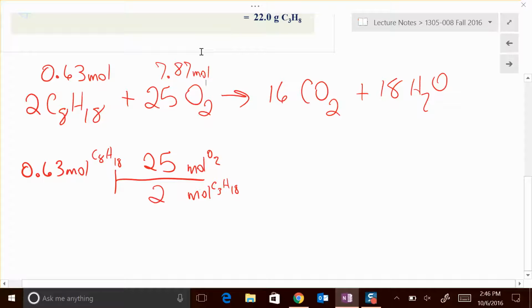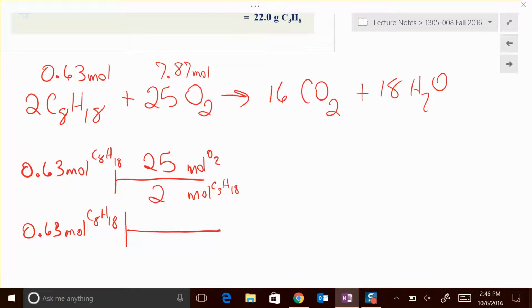How many moles of carbon dioxide would be produced? I'm starting with the moles of C8H18, and I'm going to go to the moles of carbon dioxide from the moles of C8H18.